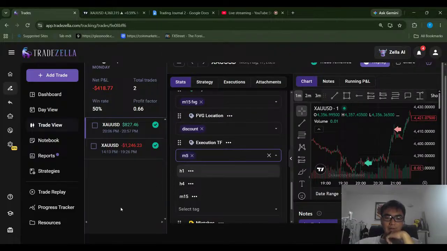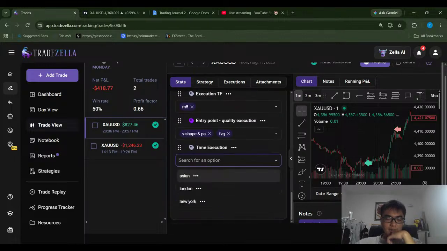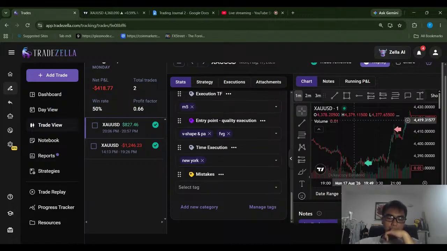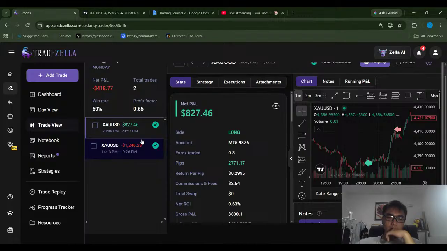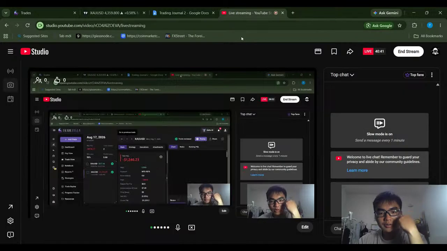Execution time frame at M5, entry point is V shape. We have FVG. Yes. Time of execution around New York Open. And I don't have any mistake on this one. So I need to grab some water and come back.